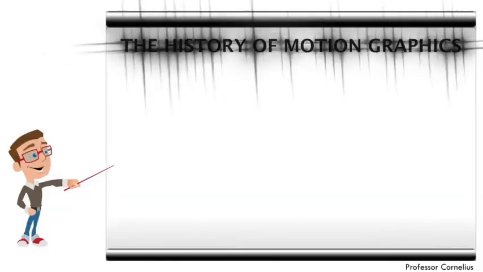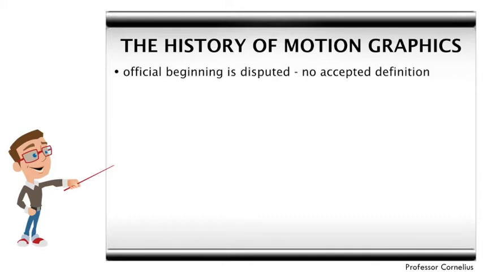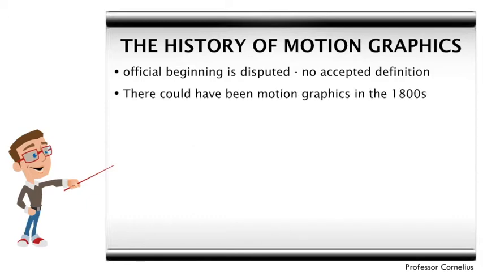The history of motion graphics. Since there is no universally accepted definition of motion graphics, the official beginning of the art form is under dispute. There have been presentations that could be classified as motion graphics as early as the 1800s.